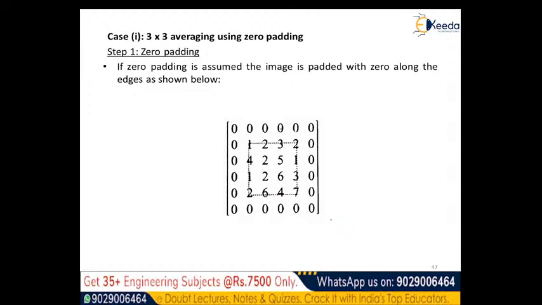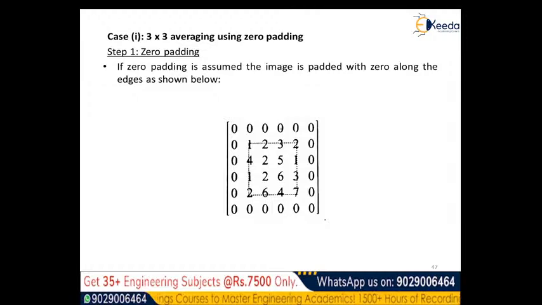The dimensions are increased by adding 2 to that particular dimension. So if the original size of the image sample is n by n, it will be n plus 2 by n plus 2.